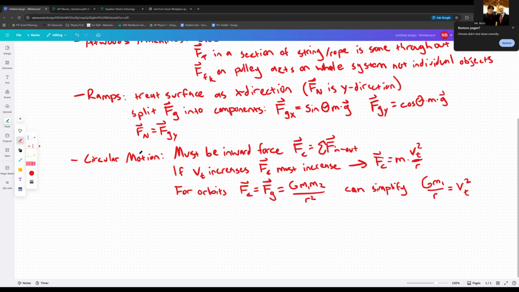I'll throw in a reminder for vertical circles. They're not a ton of problems, but vertical circles include the force of gravity in the sum of forces in or out, specifically when you're at the top or at the bottom of that circle.